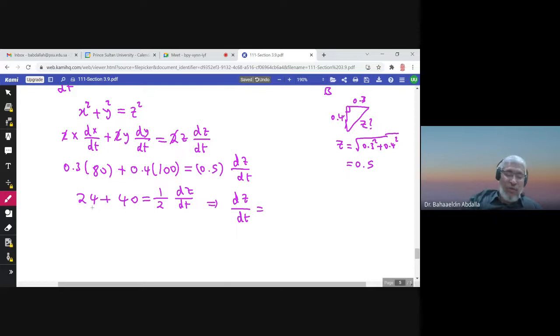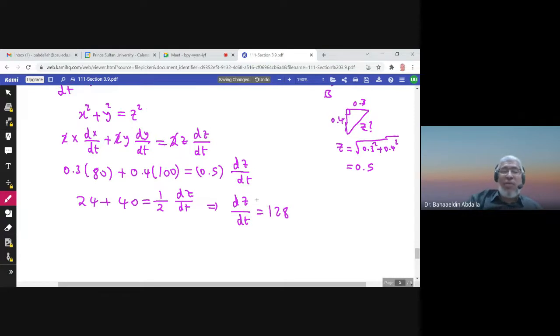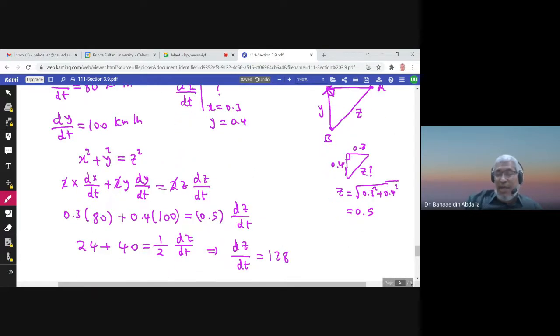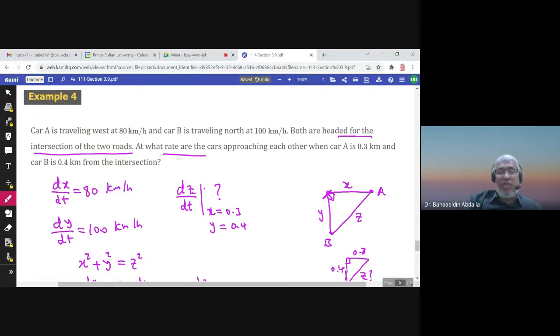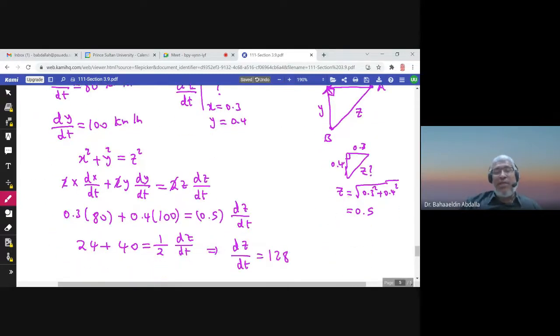So 24 plus 40 is just 64. Multiply by 2, that's 128. So dz by dt, the rate of change of the distance between the two cars, is 128 kilometer per hour at that instant.